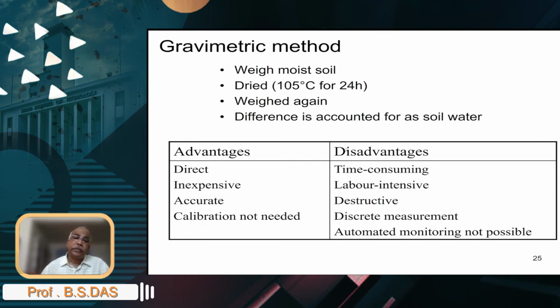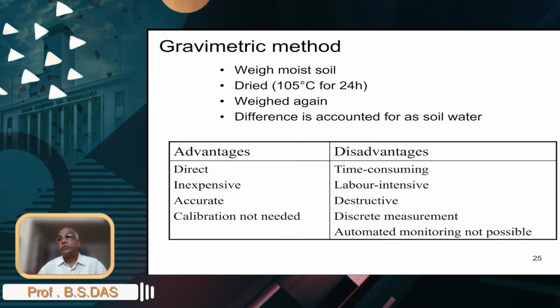No automation is possible because after all, you have to take that soil and move it to the laboratory to do that measurement. The method continues to enjoy its place as the standard method of measuring soil wetness till date, because it's a direct method and a very accurate method.